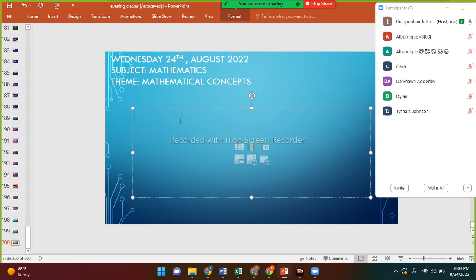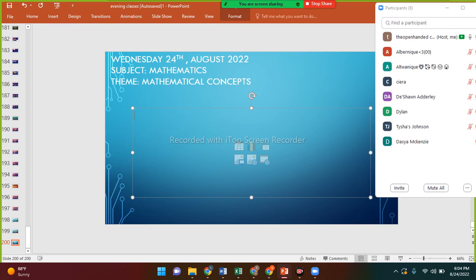So section 1 is mensuration. In particular, we're looking at applying the area of a square formula.